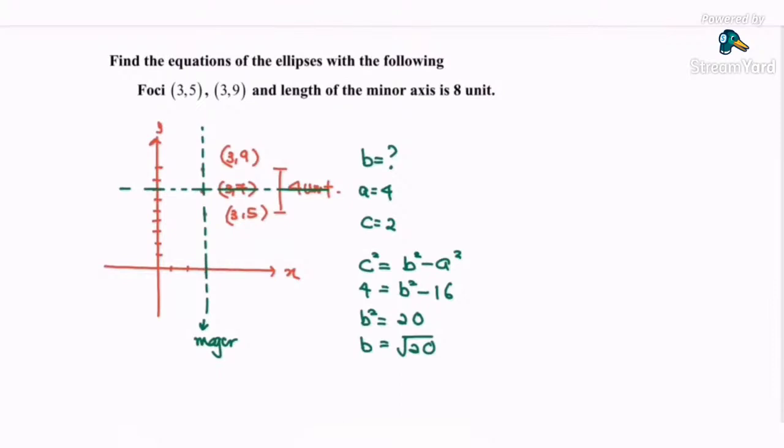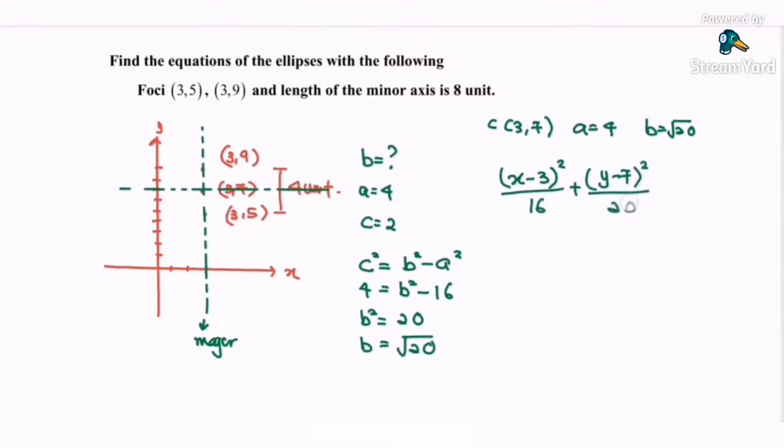So kindly refer to the standard form where we have the center (3, 7), the value of a is equal to 4 and the value of b is square root of 20. So (x minus 3) squared over 16 plus (y minus 7) squared over 20 is equal to 1.